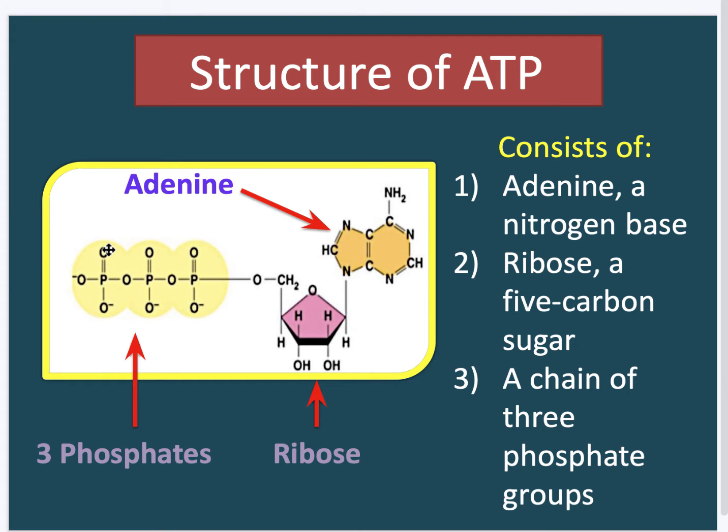All right, so you've already written this down in your photosynthesis notes. The structure of ATP includes an adenine, which is a nitrogen base, a ribose, which is a kind of sugar, and 3 phosphate groups.